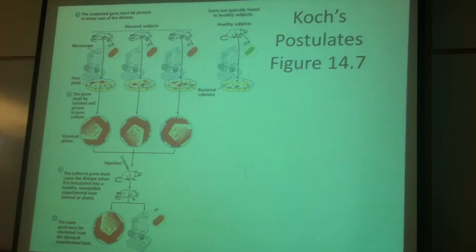What can't you use Koch's postulates on? What are some exceptions? What was that? I can't hear you. Ethical? True. You don't really want to do this on humans. What are some other limitations? You can't always culture things, okay?